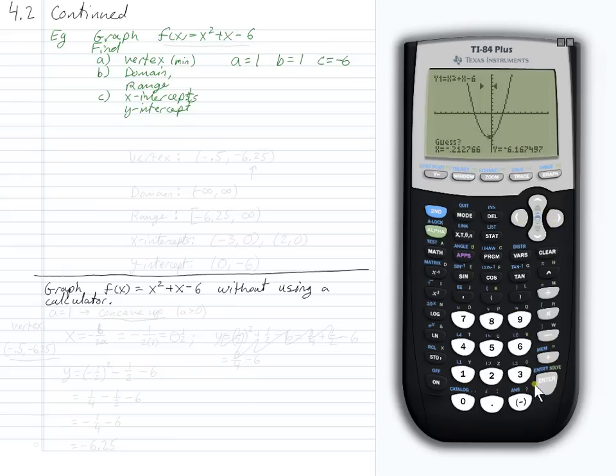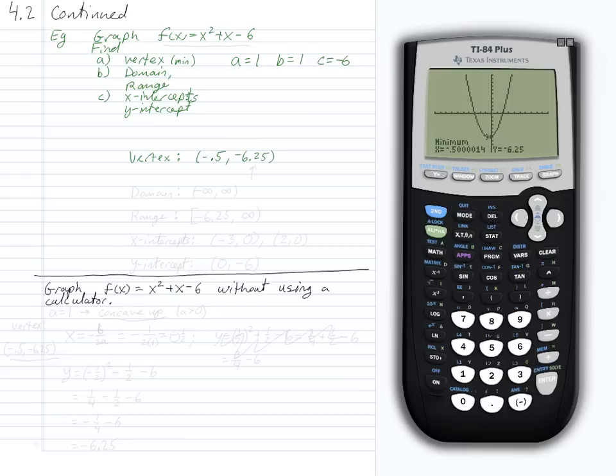My calculator is giving me an approximation. It looks like our vertex is at negative 0.50000016, or something very close. I'm getting a little bit of a rounding error, but I feel safe in assuming this is actually negative 1/2. And our y-coordinate, negative 6.25.